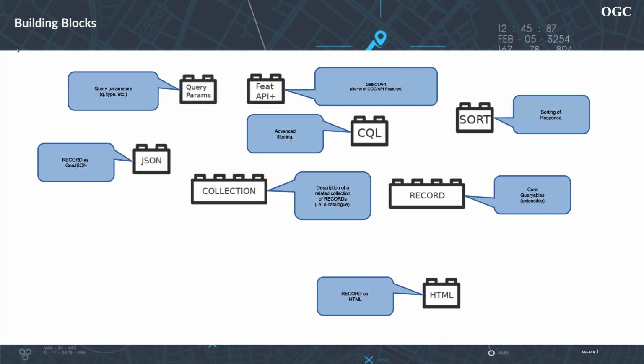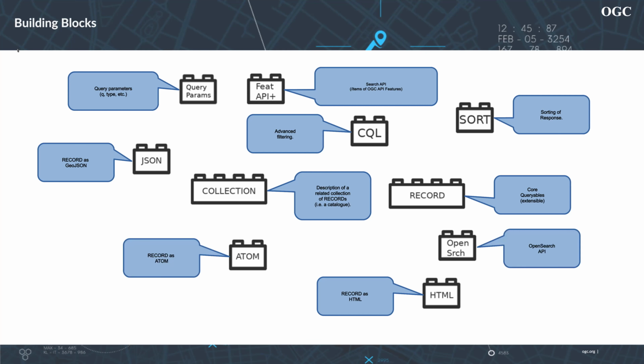For advanced query capabilities, OGC API Features or ISO 19168 has a certain level of search capability, basically bbox, datetime, and property equals type predicates. CQL extends that to add a more complete query language to the picture, so you can add the CQL building block if you want to support advanced filtering in your catalog.